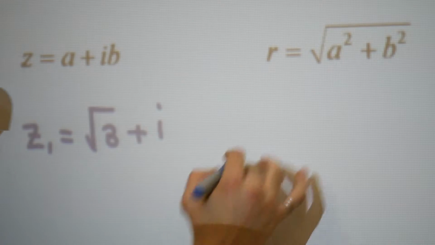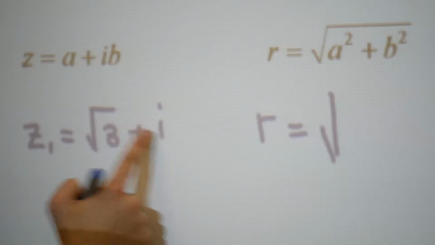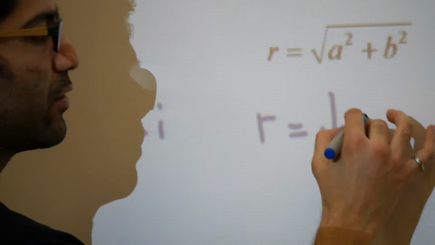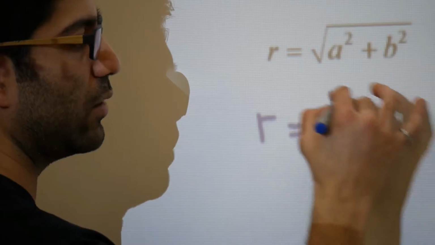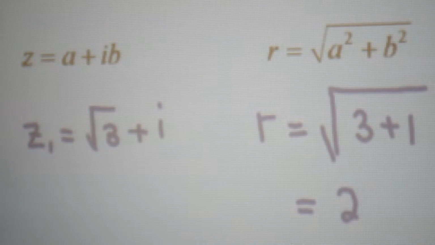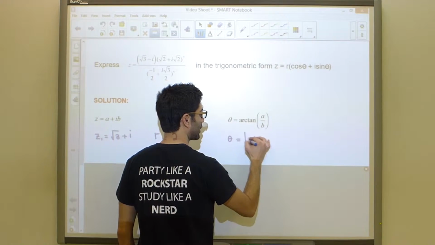Now, if I want to find the radius, it's simply a matter of squaring both coefficients and taking the square root. So if I square the square root of 3, I get 3, plus the coefficient of i is 1, so squaring 1 gives me 1, and the radius here is simply equal to 2. Similarly, we can calculate the angle theta by taking the arctan.